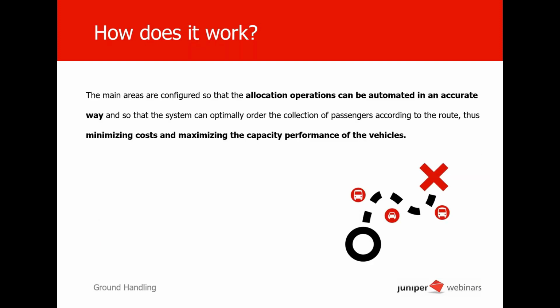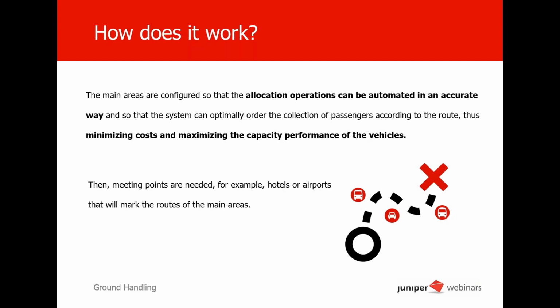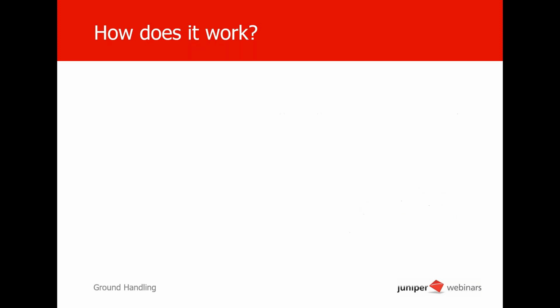The main areas are configured so that the allocation operations can be automated in an accurate way, and so that the system can optimally order the collection of passengers according to the route, thus minimizing costs and maximizing the capacity performance of the vehicles. Then the meeting points are needed, for example hotels or airports, that will mark the routes of the main areas.